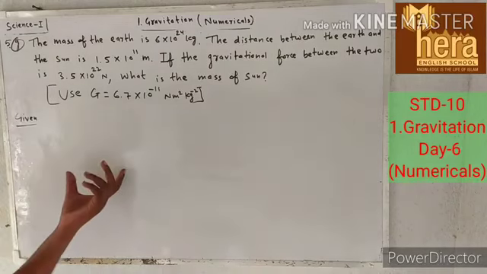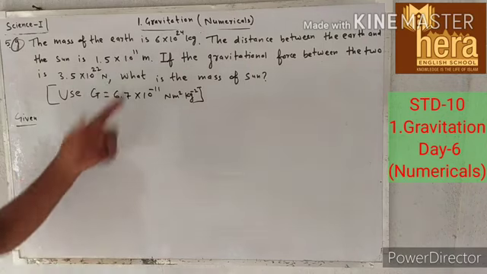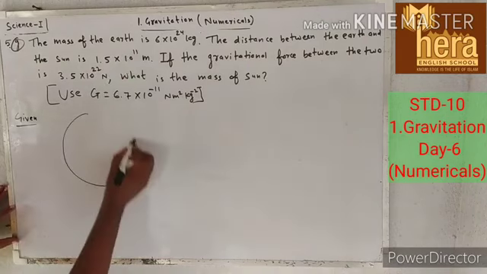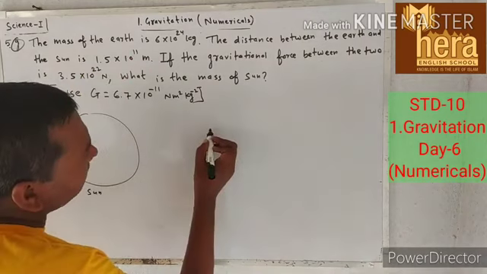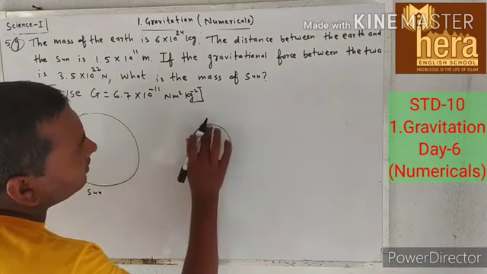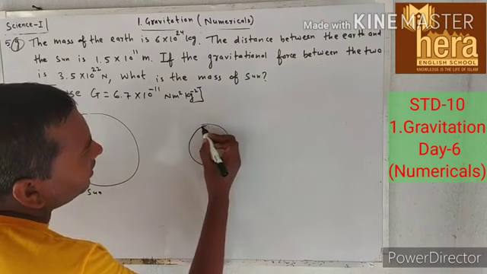This time Sun and Earth are there. Say this is Sun and this is Earth, because as compared to Sun, the size of the Earth is smaller.